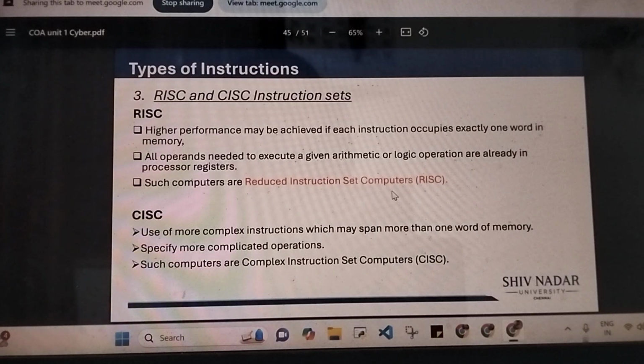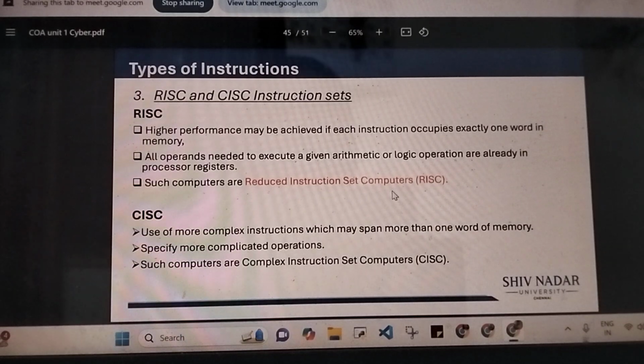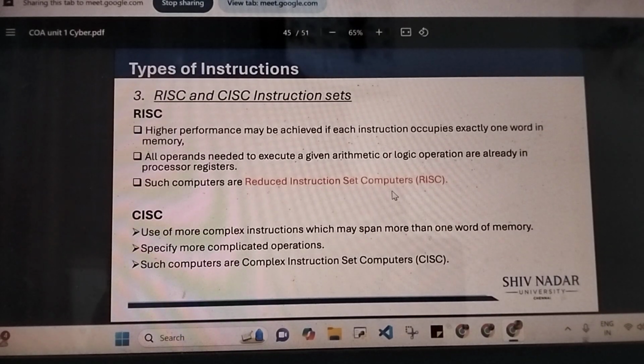In reality, instructions are much longer and they are not of fixed length, meaning every instruction is not equally long. Some are x bits long, some are 2x and so on. So that is where this idea of RISC and CISC comes. So these are two different frameworks.